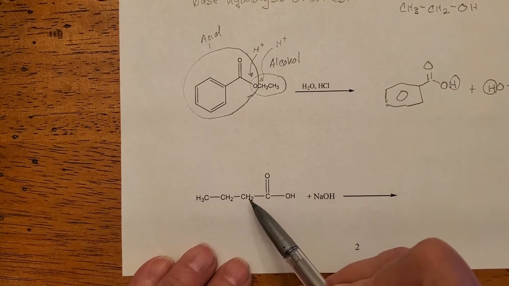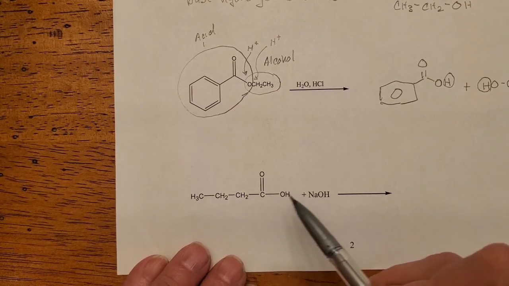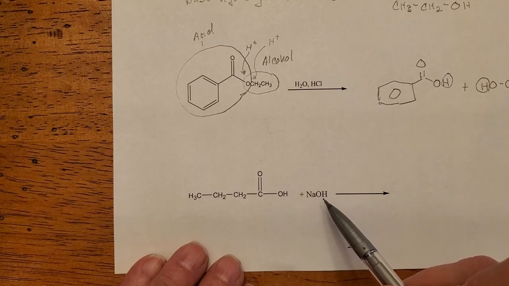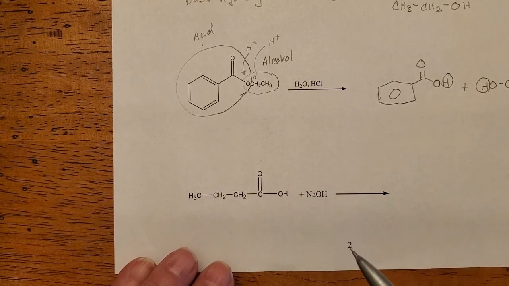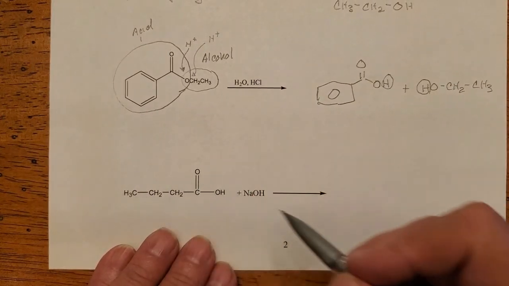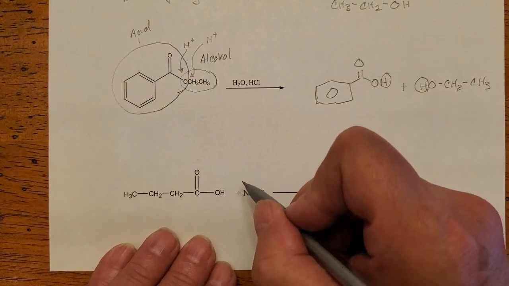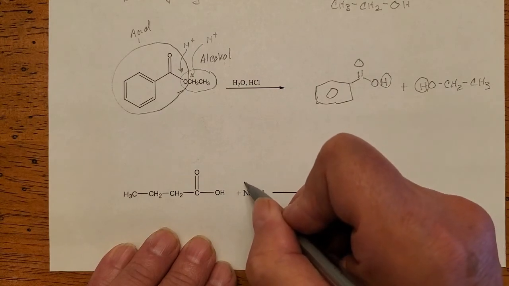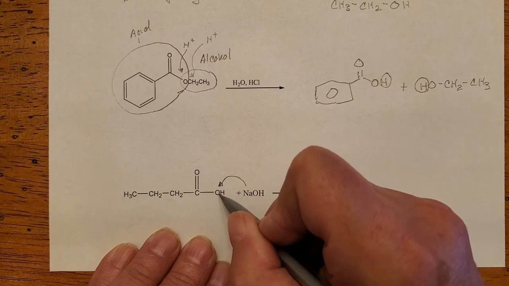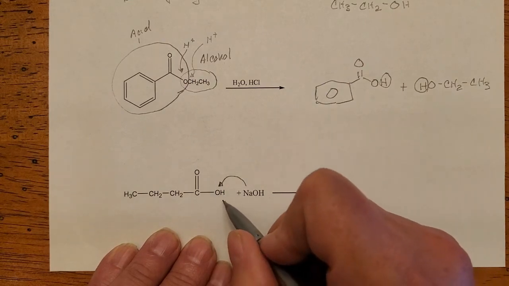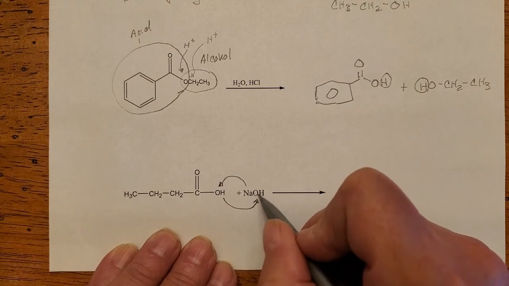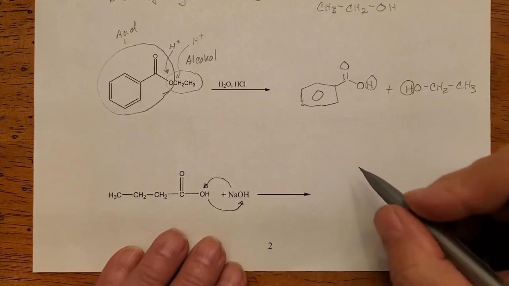Okay, so this is a carboxylic acid, and we're going to neutralize it with sodium hydroxide. Essentially we just rewrite this thing, and a sodium is going to be associated with that oxygen, and this hydrogen is going to end up with this OH as water. So here we go.